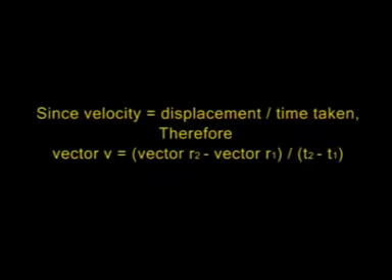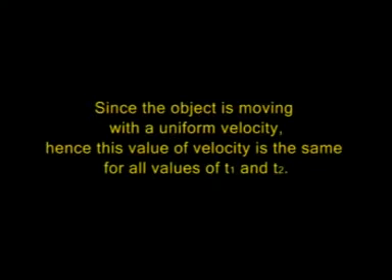Since velocity is equal to displacement divided by time taken, vector v is equal to vector r2 minus vector r1 divided by t2 minus t1. Since the object is moving with a uniform velocity, this value of velocity is the same for all values of t1 and t2.